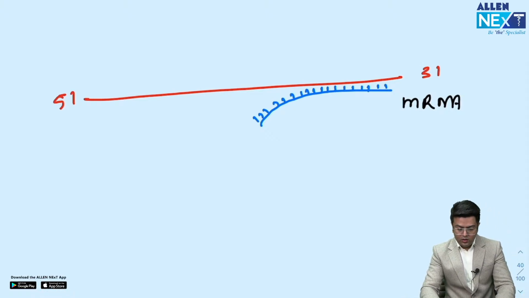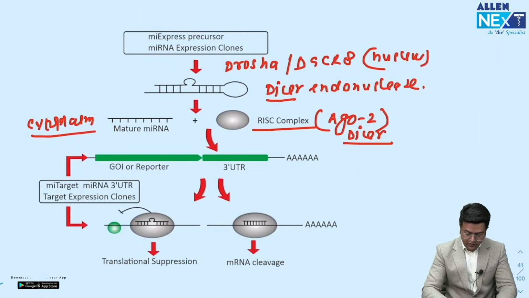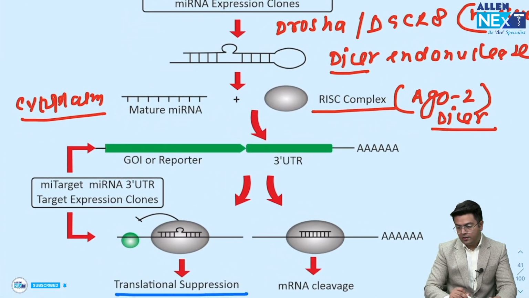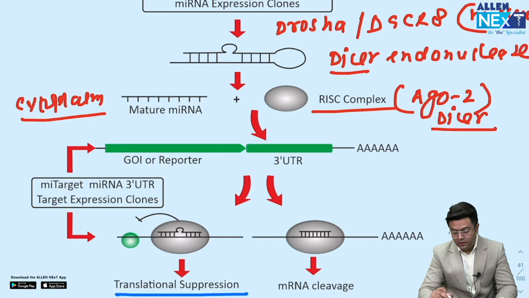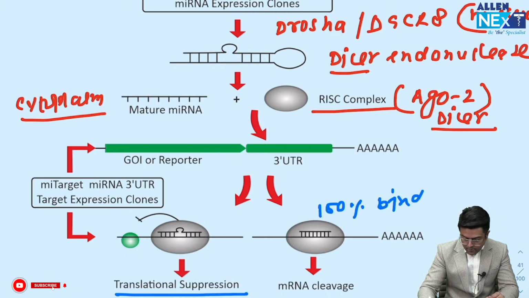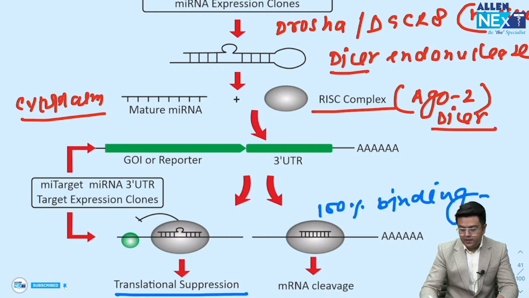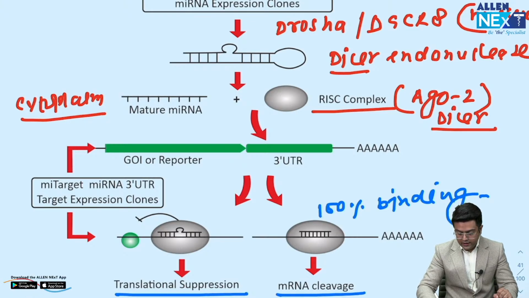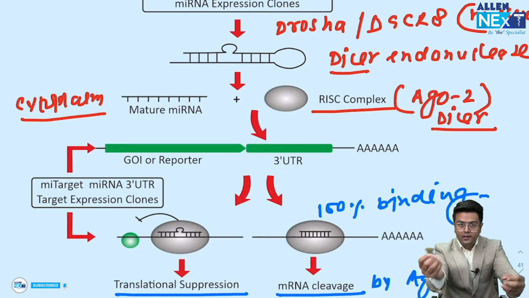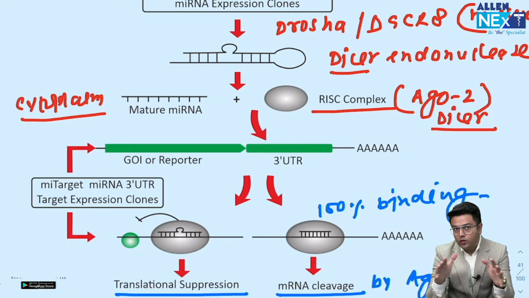So whenever there is not a complete binding, there is translational suppression. But when there is a complete, 100% binding, as you can see here, this leads to mRNA cleavage by the Argonaute 2, AGO2 endonuclease.